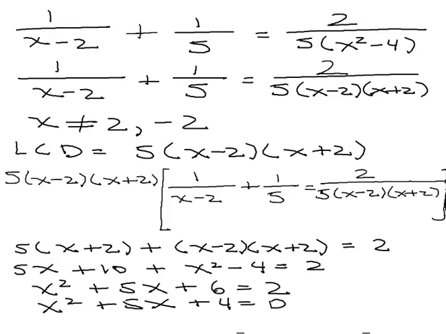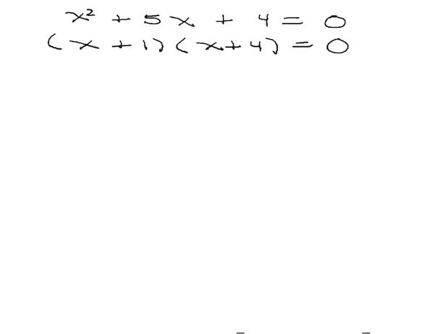And so next we'll need to factor that quadratic on the left-hand side. You can see that x squared plus 5x plus 4 will factor into x plus 1 times x plus 4.